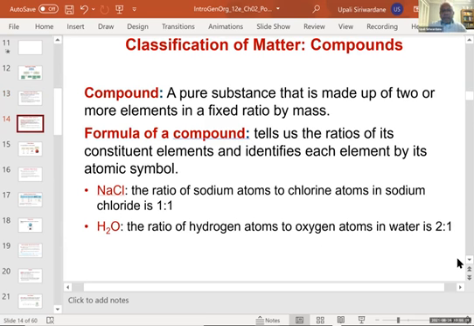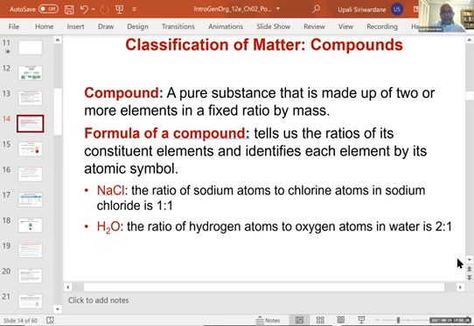A compound is a pure substance made out of 2 or more elements in a fixed ratio by mass. So fixed ratio, CO, CO2, like the law of multiple proportions. The formula of a compound tells us the ratio of its constituent elements and identifies each element by its atomic symbol.